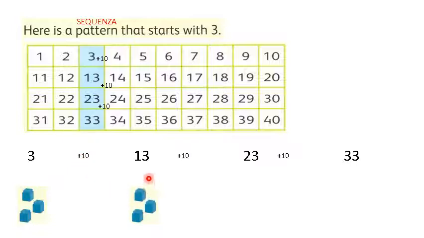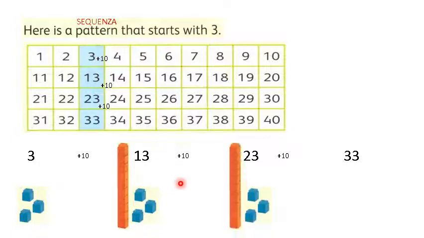So here we have 3 blue blocks plus 10, and 10 is 1 red rod. So 1 rod, which is 10, and 3 blocks, which are 3. So 10, 11, 12, 13. On our number grid we have 3, 13.